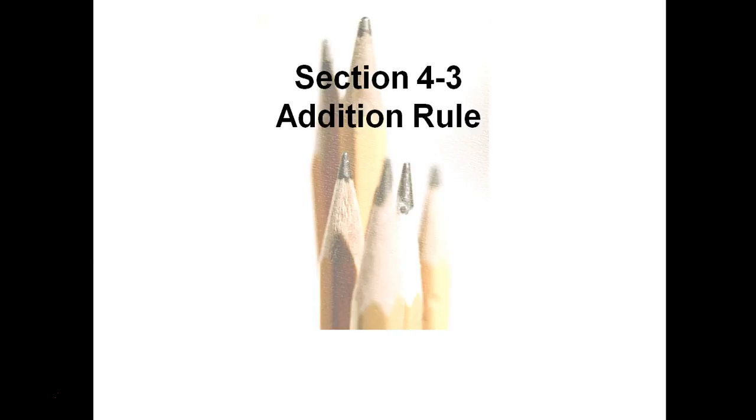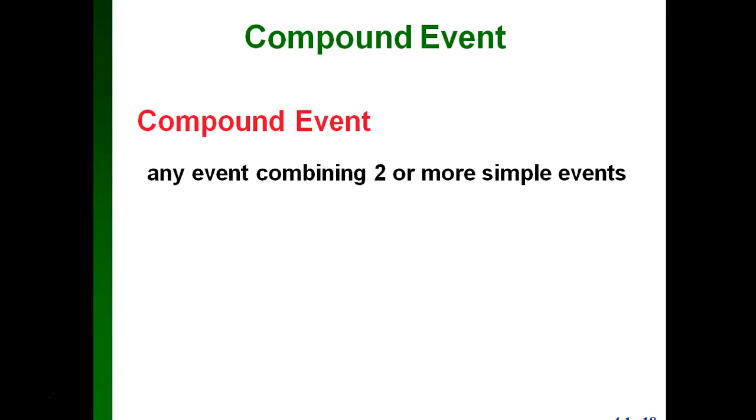Because maybe you want a jack or a queen, or a 4 or a 5. When you have multiple things that will fill whatever need that you have when you're calculating your probabilities, that's the addition rule. And then that becomes a compound event, because I'm going to take those two, or maybe even more, and add those two together.